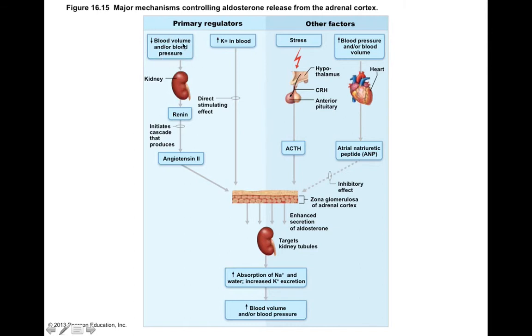Now, the kidneys can actually measure blood volume and blood pressure, and we'll talk about that mechanism later on in the semester. But if you do experience low blood volume and pressure, the kidneys will release a hormone called renin, and renin will lead to the production of another hormone called angiotensin II. Now, angiotensin II is what stimulates aldosterone release from the adrenal cortex.